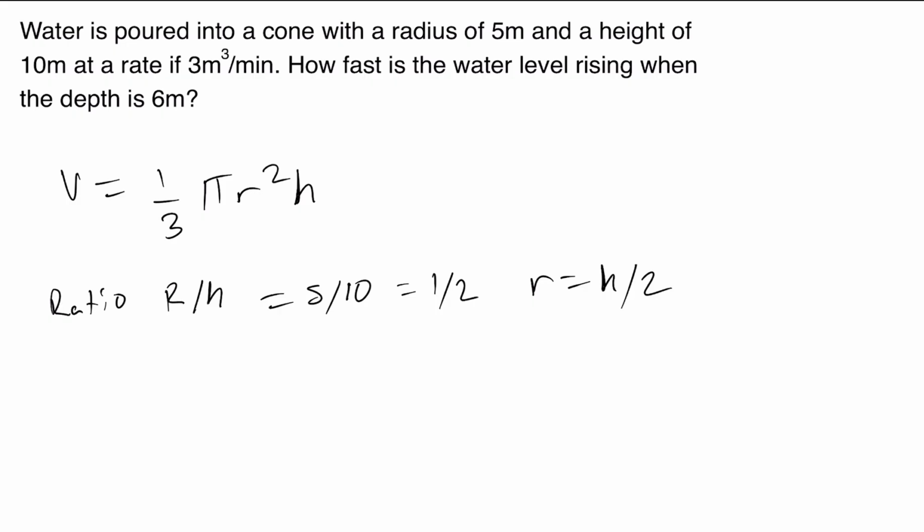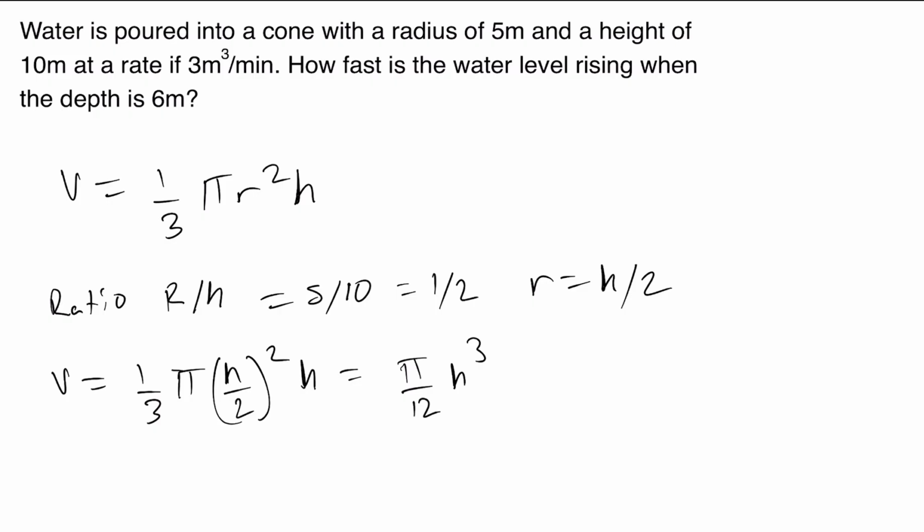And then we can substitute in. So now V is going to be equal to 1 over 3 pi, and then the radius squared, which we said is h over 2. So h over 2 squared times height, which when simplified is going to be pi over 12 times h cubed.